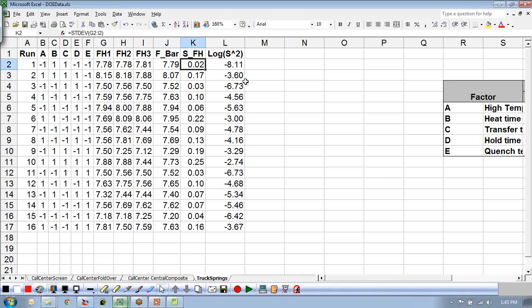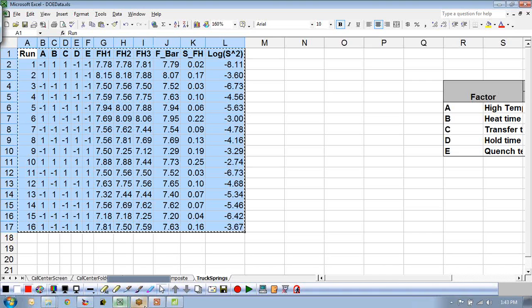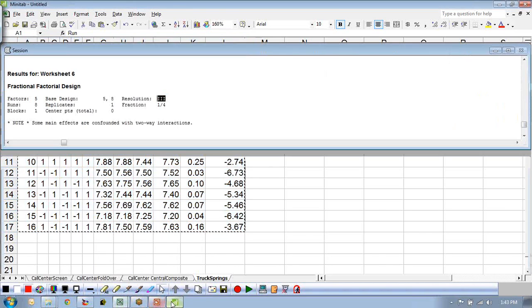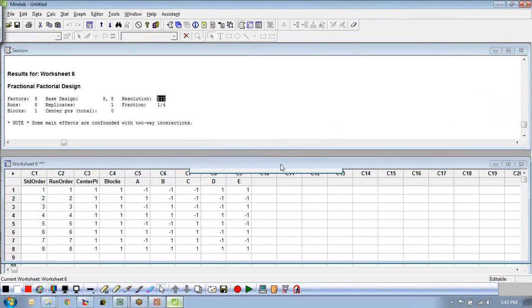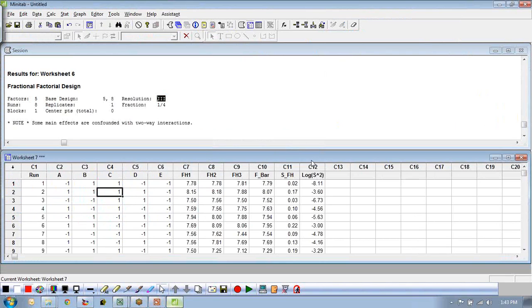So for this one, we use something called a loss function, and we try to minimize the log of the standard deviation squared. I won't go into that theory, but I want to point out that you can use different responses than just the average or just the signal. You can minimize variation. DOE is great for that.